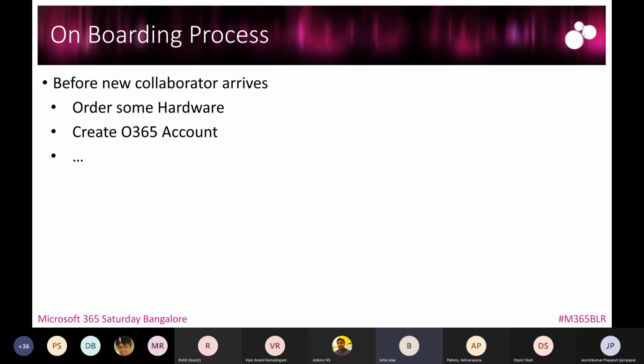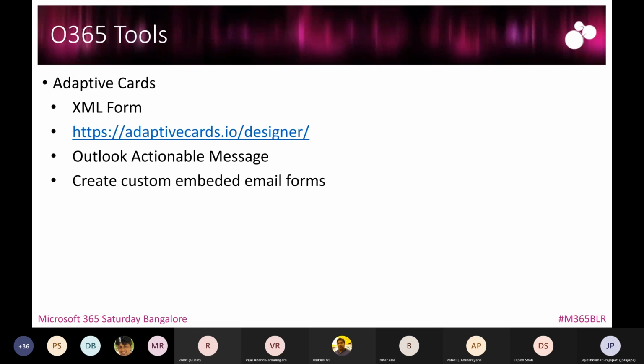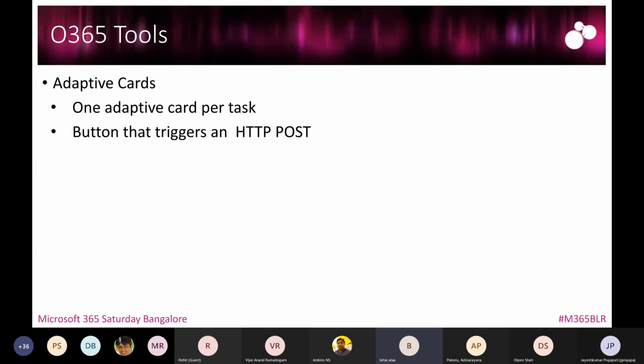I will need, for example, the first name, the last name, and the department of the new employee. So if I can create an adaptive card for this task, I can at least begin to automate. And this is what I want you to think about and visualize a bit in your mind.